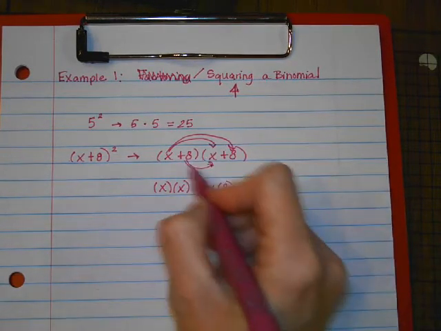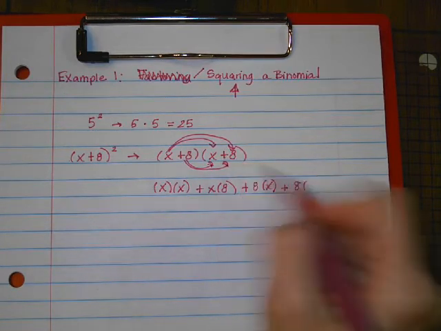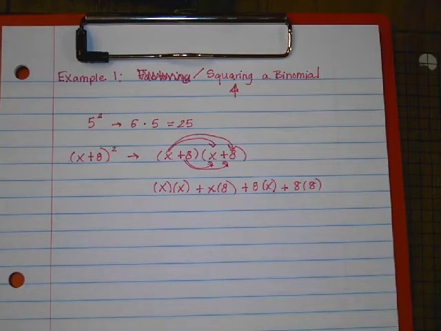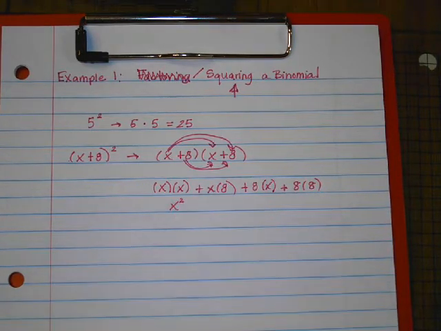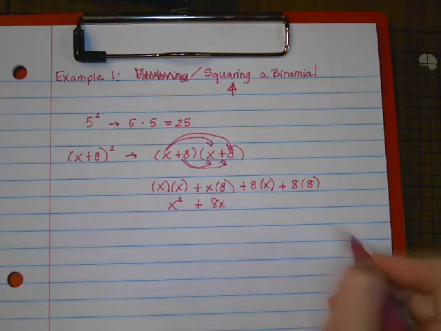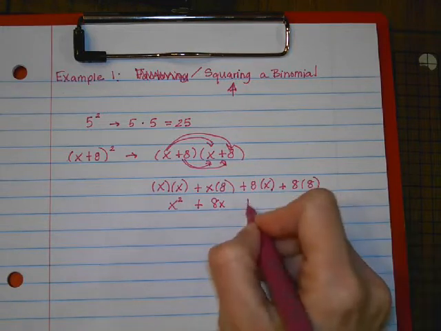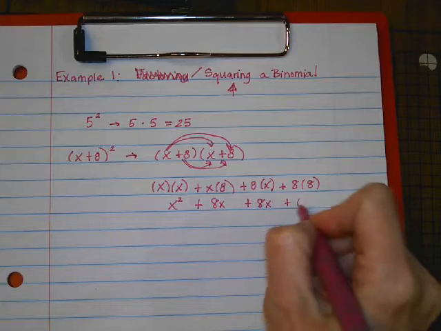Then we took our positive 8 and we multiplied it by the 8. This is what we did last week. X times x is x squared. X times 8 is 8x. 8 times x is 8x. And 8 times 8 is 64.